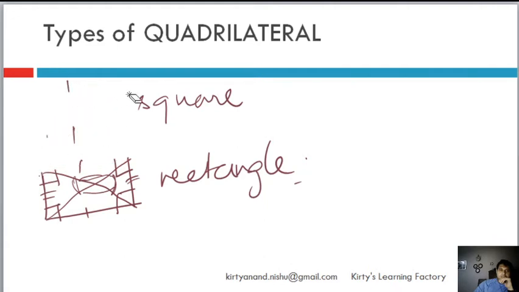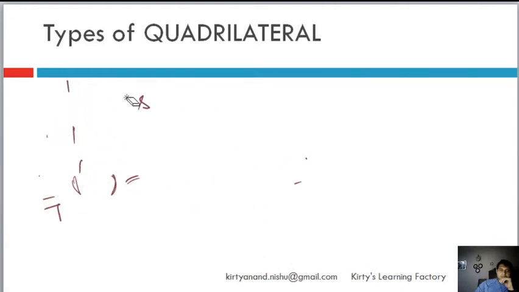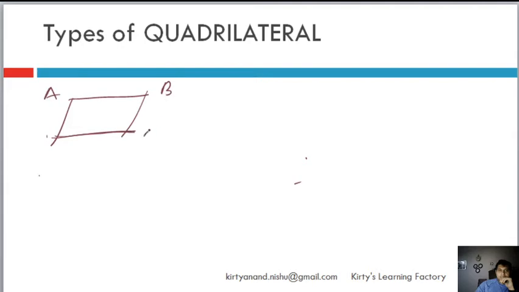Now let's learn about the third type of quadrilateral. Okay. The third type of quadrilateral is a parallelogram. Now what is a parallelogram? It is something like this. Let's call it parallelogram ABCD. In a parallelogram also, opposite sides are equal in length. Opposite angles are also equal.